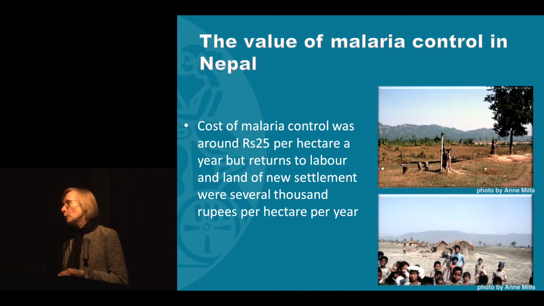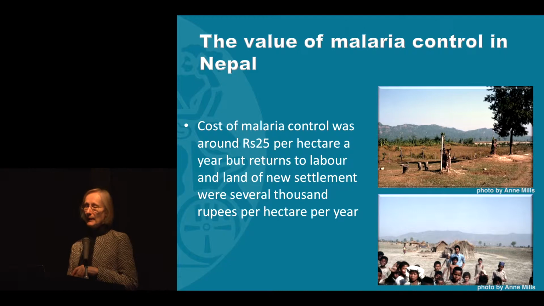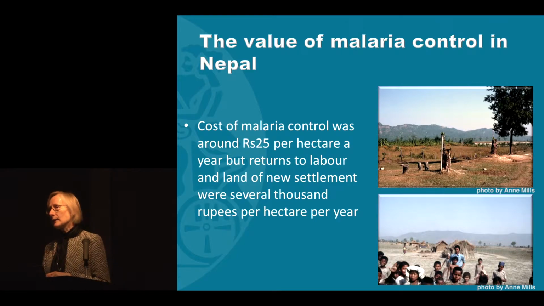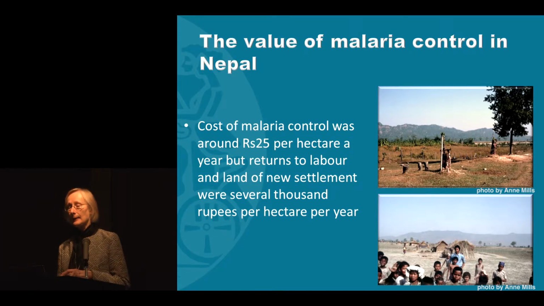So what I did was look at extensive historical documents, spending a lot of time in the university library in Kathmandu, looking at the population censuses, looking at the movement of people over time, looking at agricultural returns, looking at changes in crop production over the years.